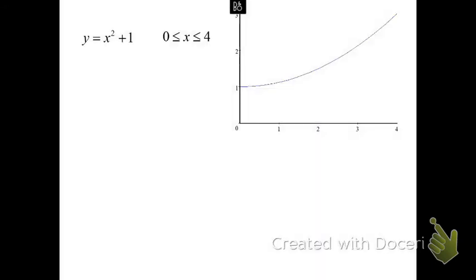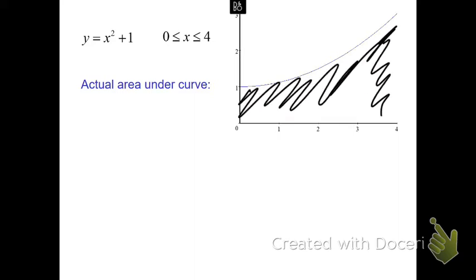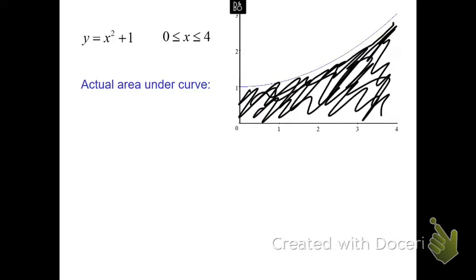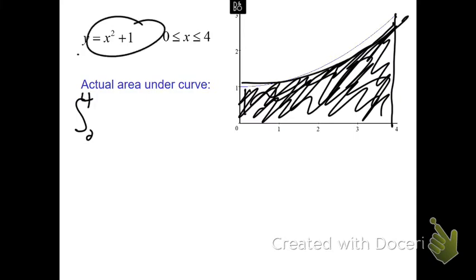If I wanted to know the actual area under this curve from 0 to 4, so I'm talking about all of this area perfectly shaded in, then it would be the integral from 0 to 4 of that curve, which is x squared plus 1.